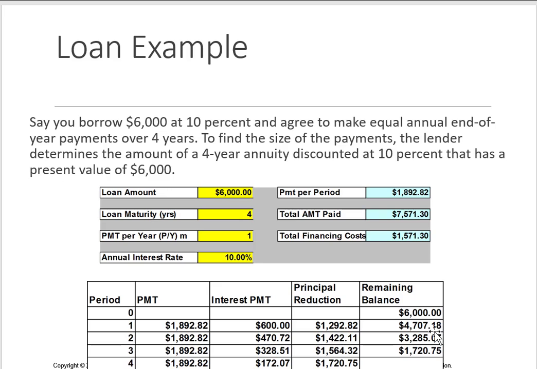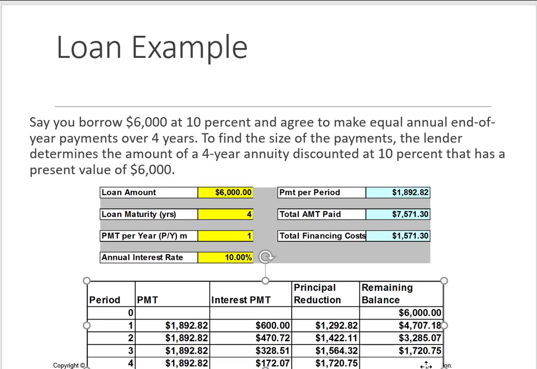You pay interest on that the next year, 10% of that, $470.72, subtracted from $1,892, means you reduce the loan by $1,422. If you do that properly, at the end of the 4th year, you will have $0 in loan, right? You paid off the loan.